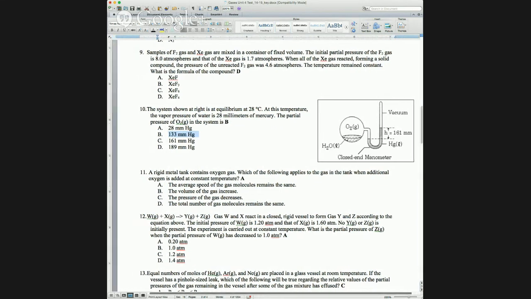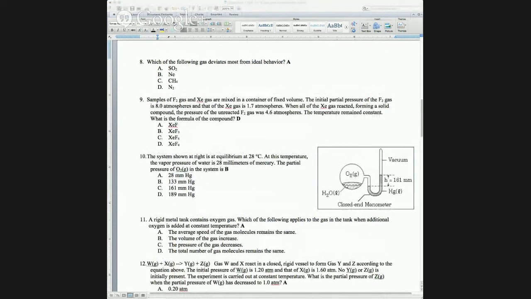That's what you had to do for number 10. So hopefully that picture won't be too bad. I don't have a picture exactly like that on the test, but I'm sure you will have to do a question where you have to find the partial pressure. This is Dalton's law. So that was number 10.